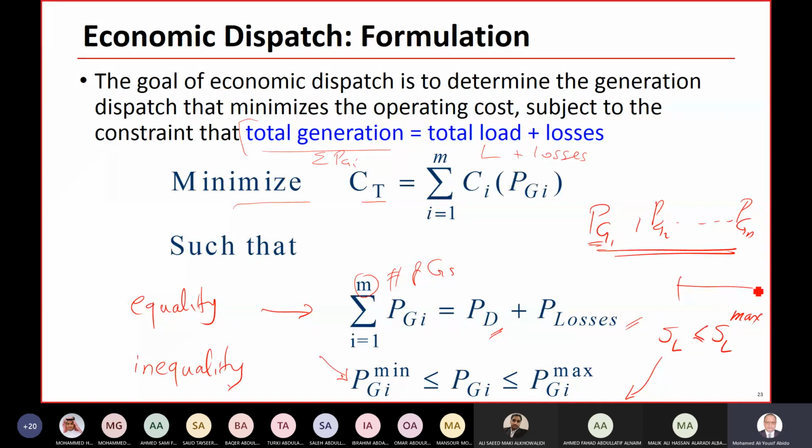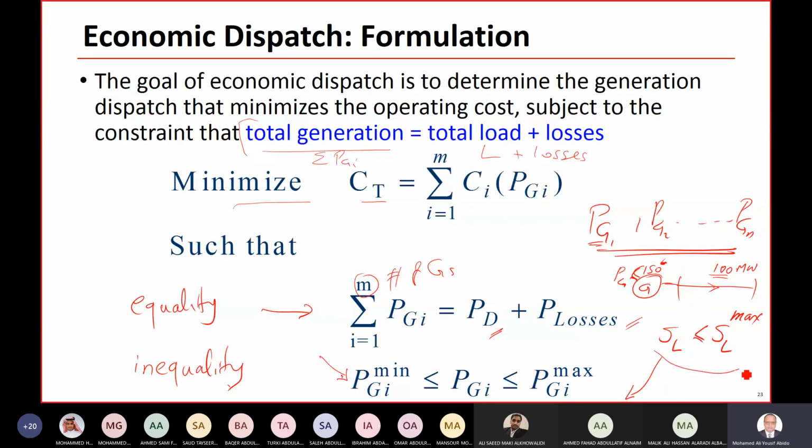If you have a transmission line, for example, whose limit is 100 megawatt, then even if the generator can generate up to 150 megawatt, you cannot operate it at more than 100 megawatt, and the line will not be safe if you increase power over its capacity.